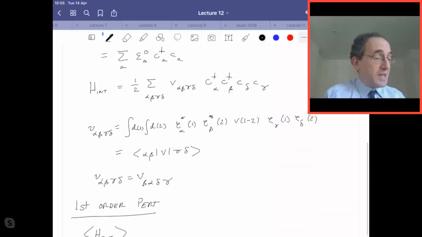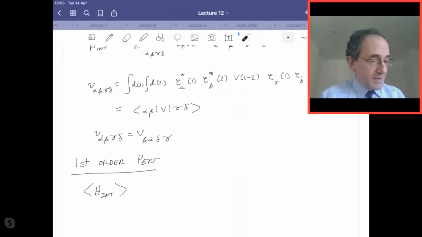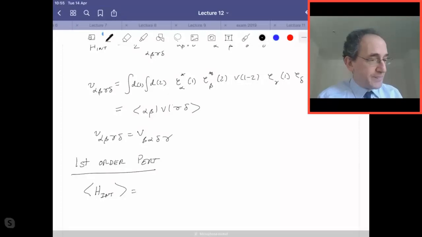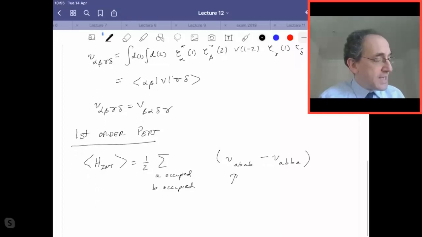We worked in the basis where the non-interacting part is diagonal, and we wrote the expectation of the interacting part of the Hamiltonian as one half of the sum over orbitals A which are occupied and orbitals B which are occupied, and there were two terms, V AB AB minus V AB BA. This is the Hartree term, our density interaction, and this was the Fock term.